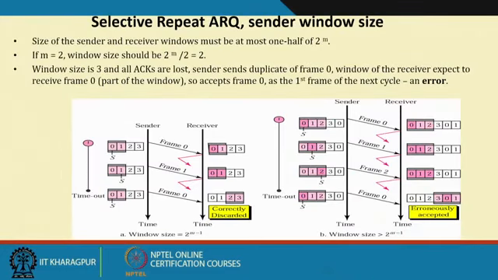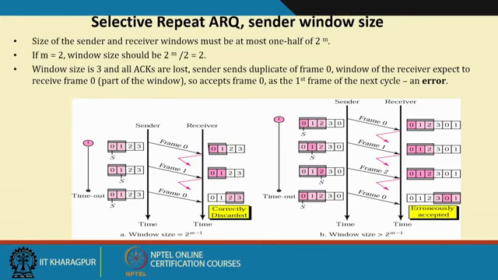So, again in selective repeat ARQ, the sender window plays an important role. The size of the sender and receiver window must be at most half of 2 to the power m, that means with m equal to 2, the size will be 2 to the power 2 by 2. So, if the window size is 3 and all acknowledgements are lost, the sender sends duplicate frame 0, right.